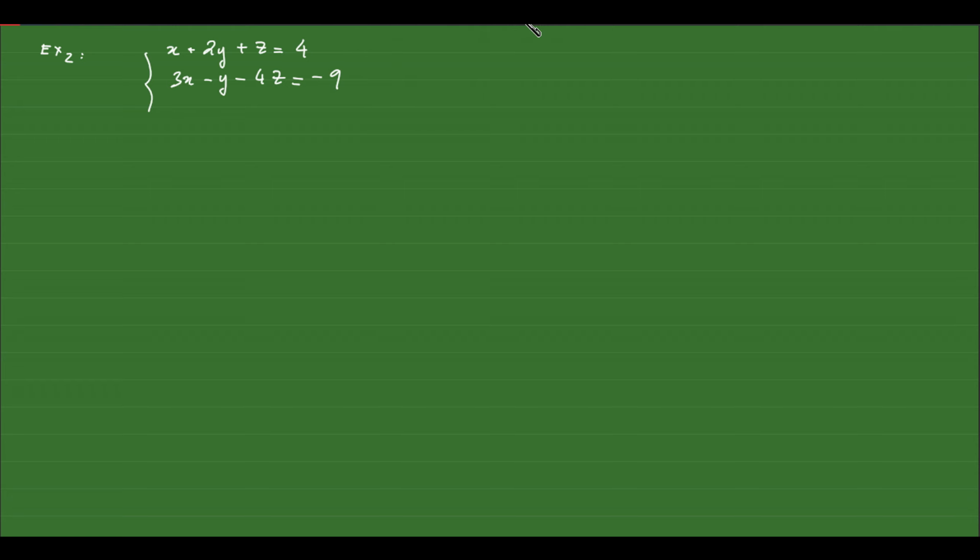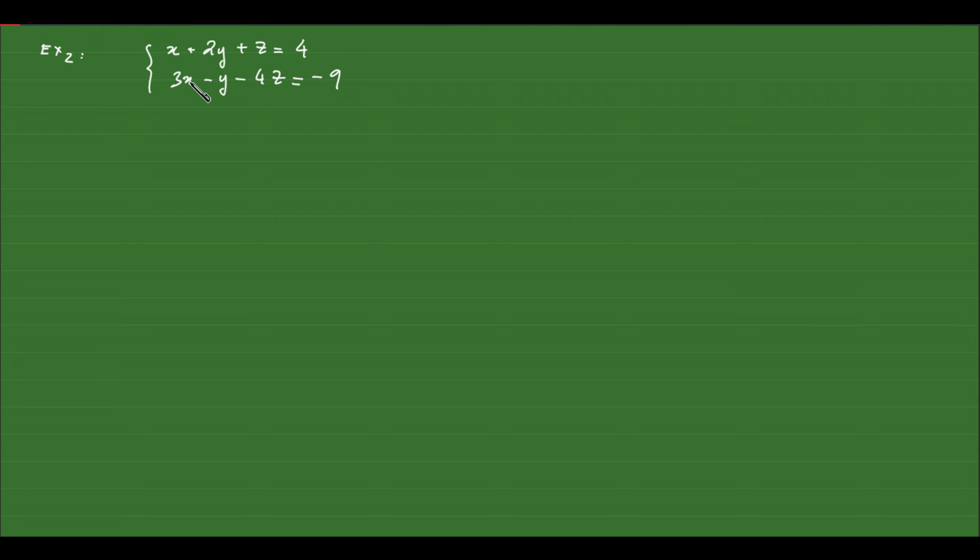Okay. So I just have the system like this, and even though you see we don't have the third equation, it's still a system of equations in 3 variables, because we still have 3 variables.